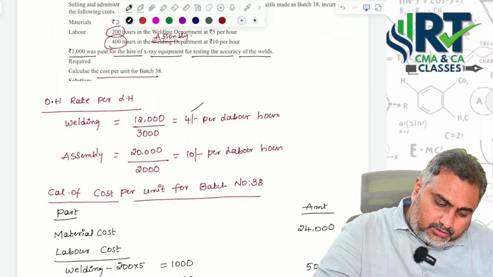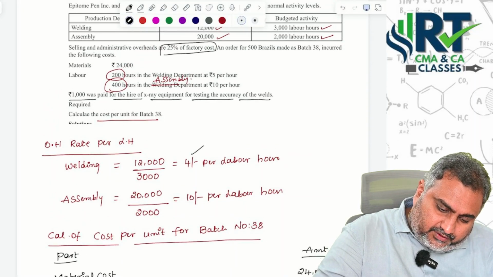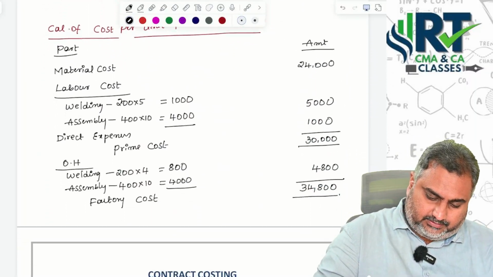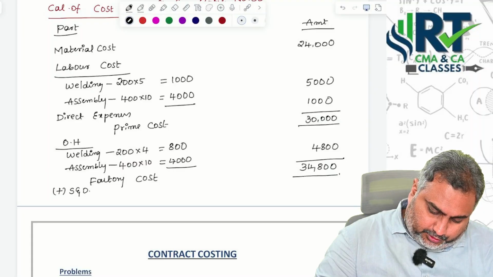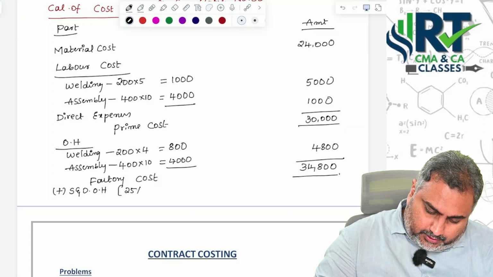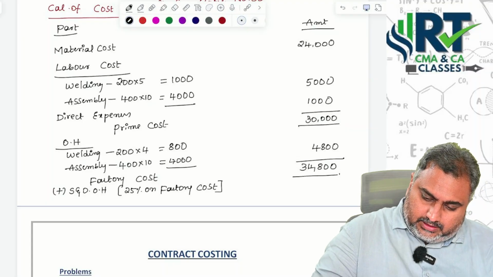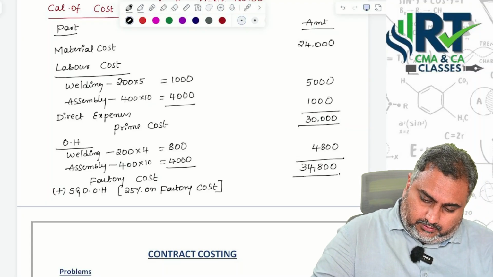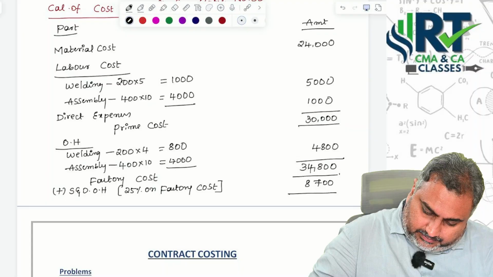How much do they want to recover? Selling and distribution expenses, 25% of factory cost. So add selling and distribution overheads, 25% on factory cost, that is 8,700.